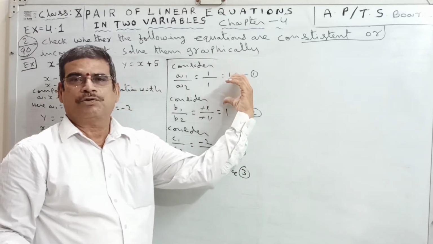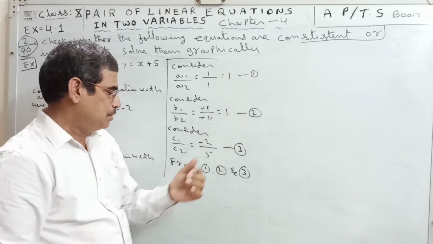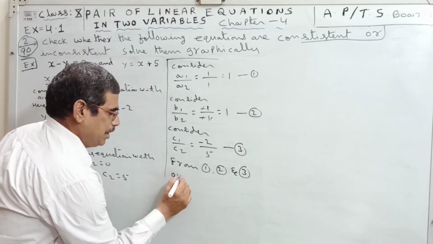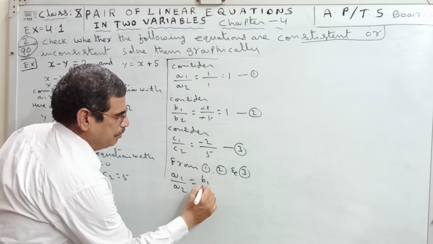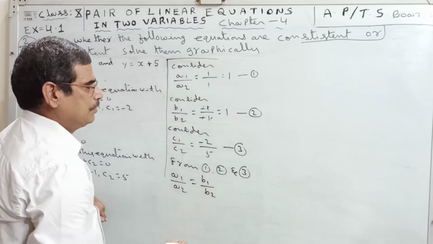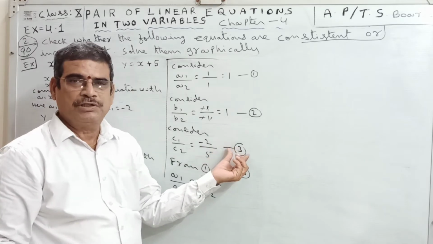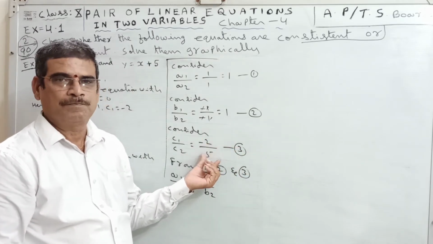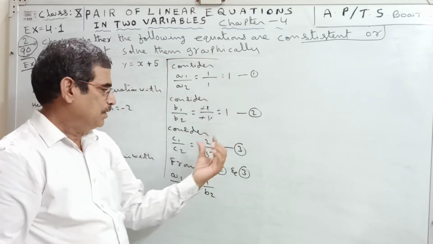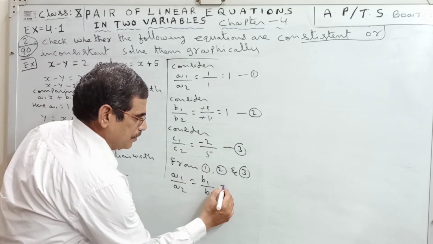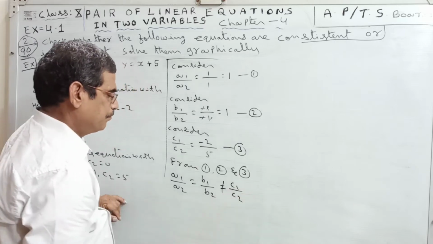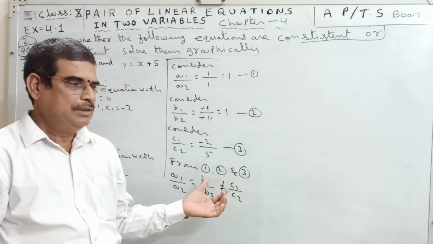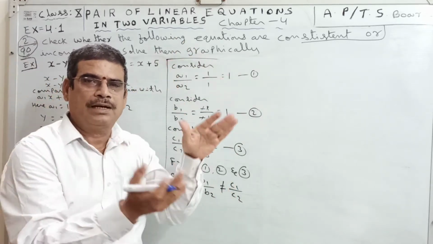These two are equal, here 1, here 1. So a1 by a2 is equal to b1 by b2. Is this value equal to the third one? No, here minus 2 by 5 is there. Only these two are equal. This is not equal to c1 by c2.